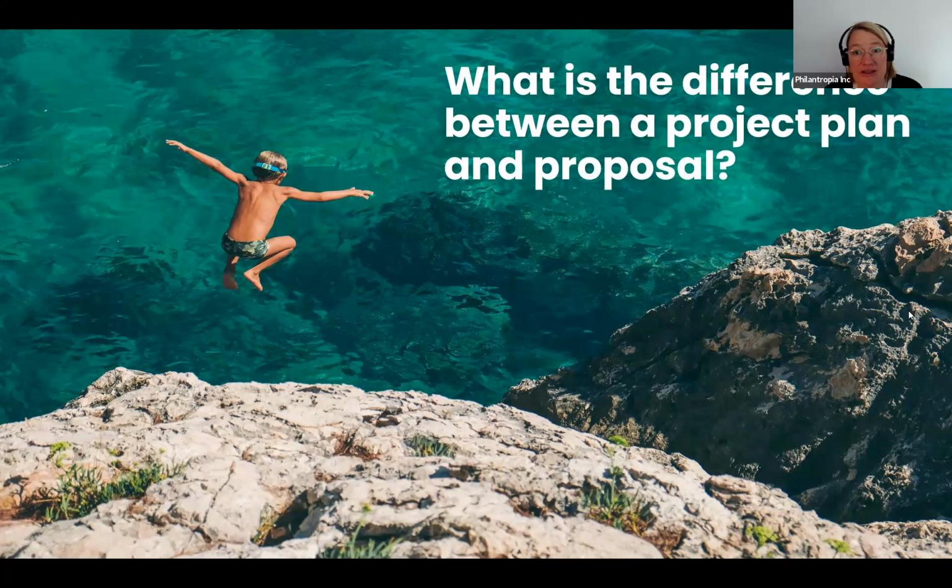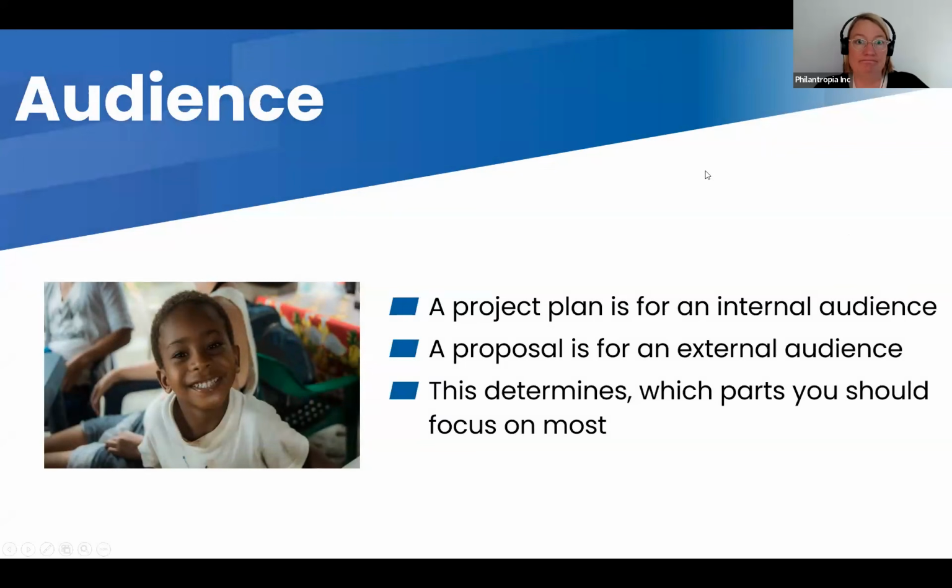But there are a couple of other differences between a project plan and a proposal that are very clear. The first one is the audience. The project plan usually is for an internal audience, while the proposal is for an external audience. And that also determines what parts you should focus on most.